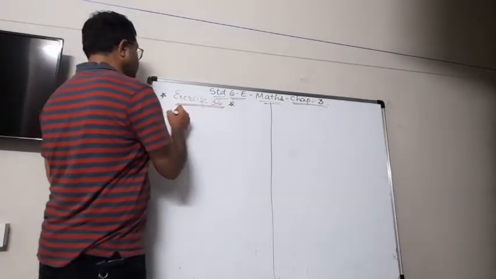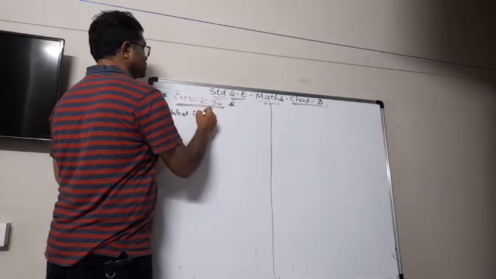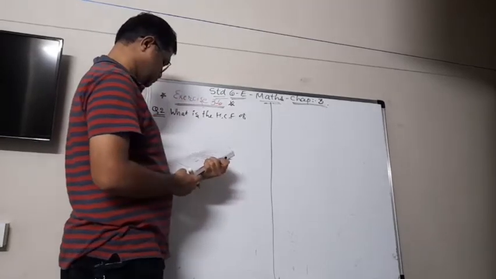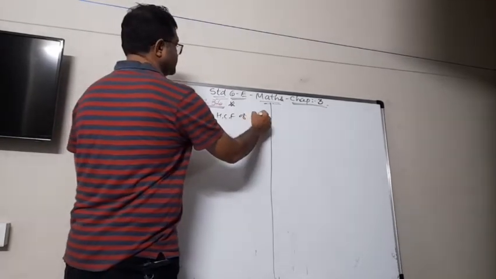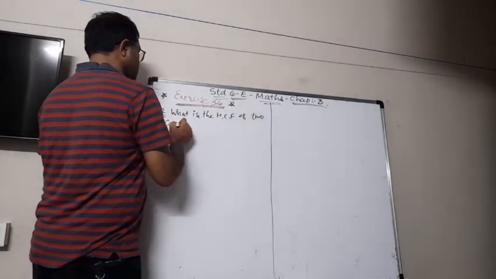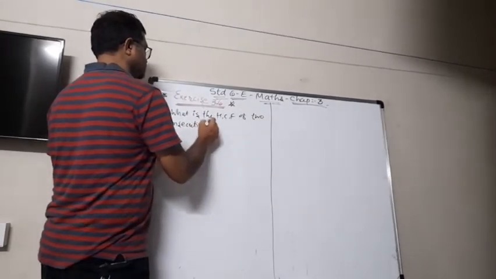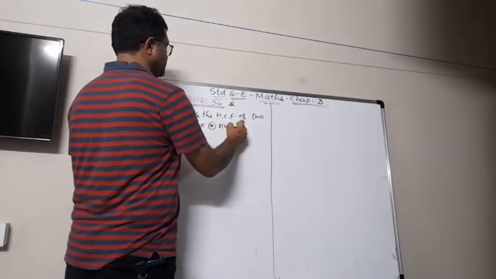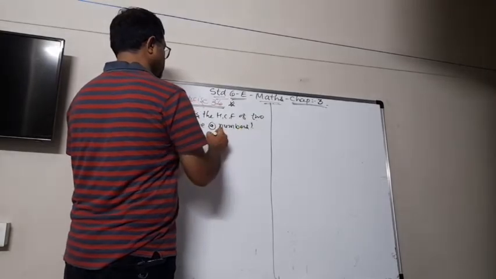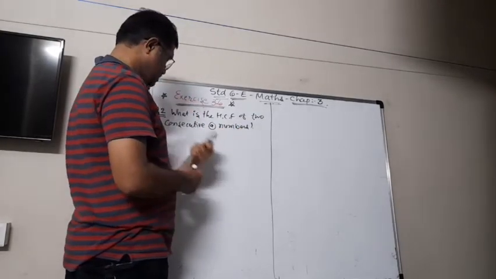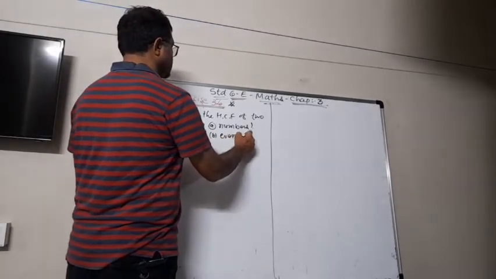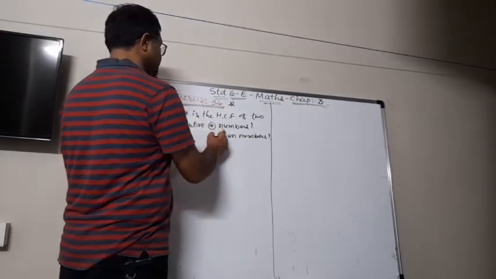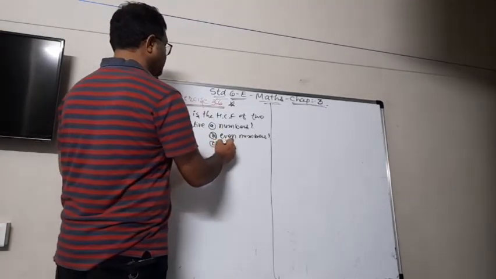It says, what is the HCF of 2 consecutive: first numbers, second even numbers, and third odd numbers.